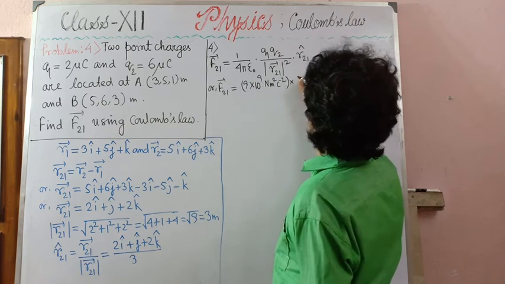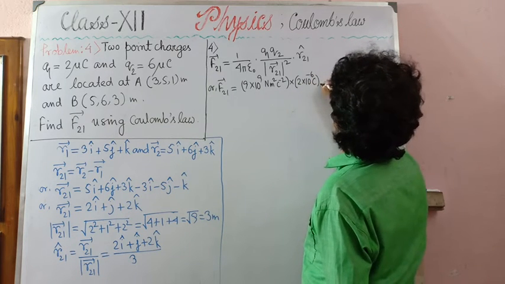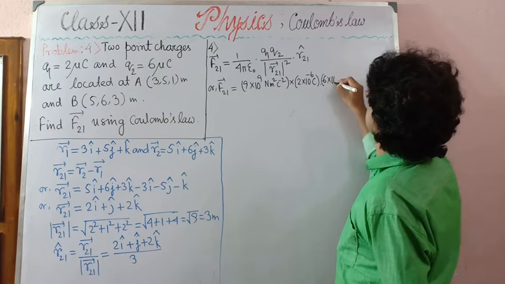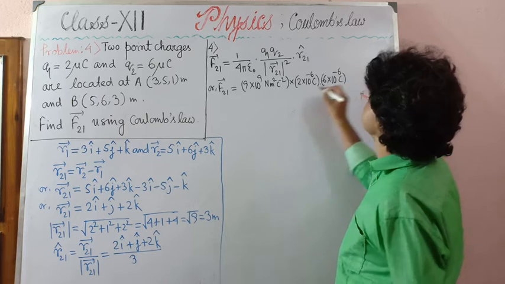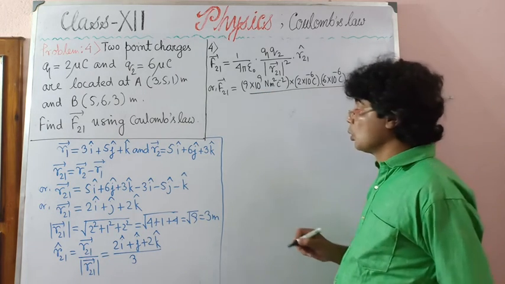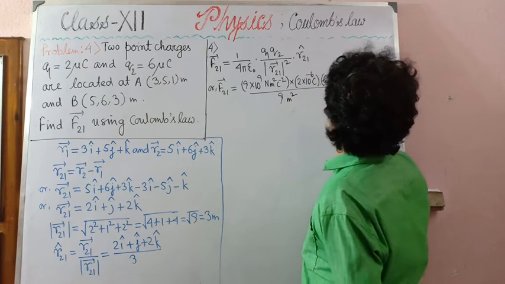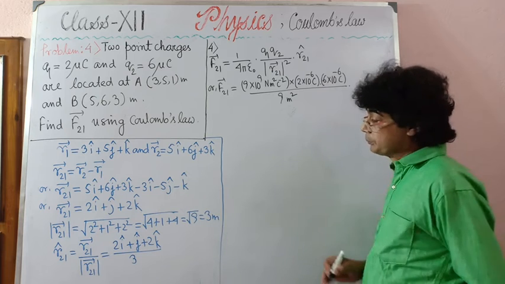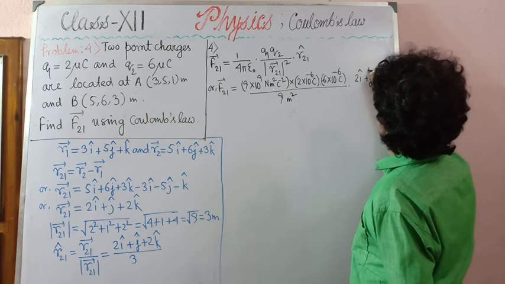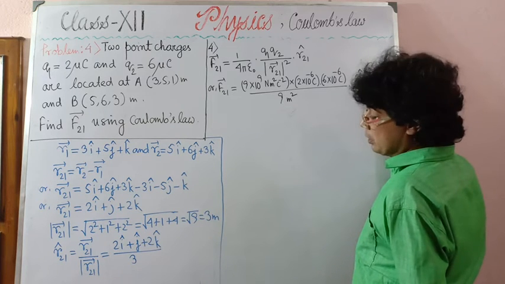Q1 equals 2 microcoulomb, which is 2 into 10 to the power minus 6 coulomb, and Q2 equals 6 microcoulomb, which is 6 into 10 to the power minus 6 coulomb, divided by the mod square of R21 vector, which equals 9 meter square, into R21 cap, which is (2i cap plus j cap plus 2k cap) by 3.